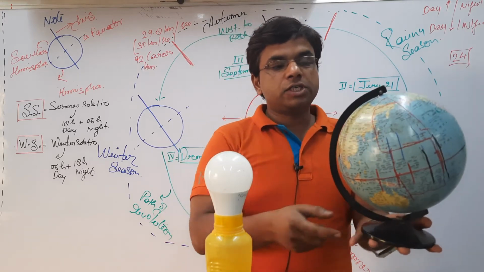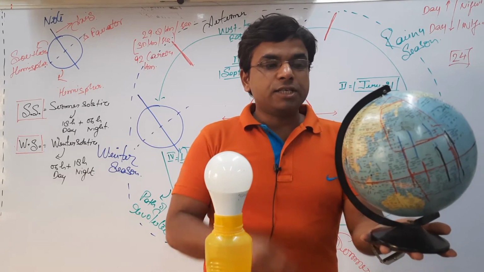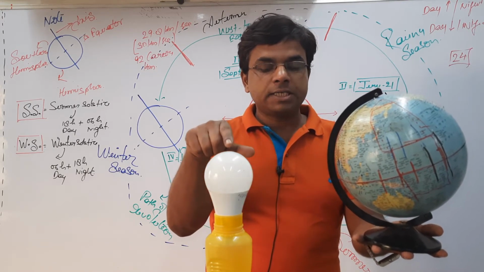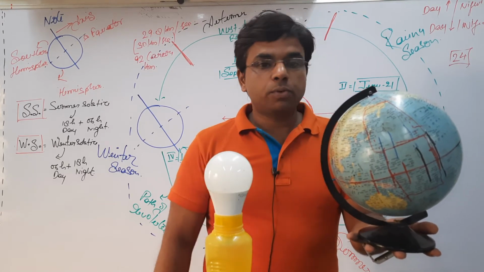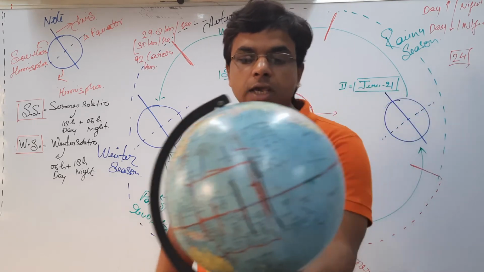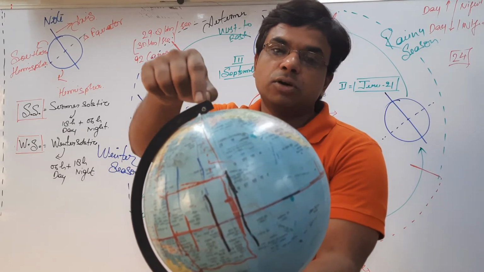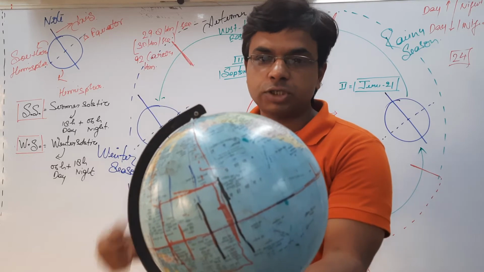Now on the 21st of June, note whether the distance of the North Pole is maximum or minimum in respect of the sun, or the distance of the South Pole is maximum or minimum. Here the distance was equal, because the slanting axis angle of the earth is ineffective at this position.